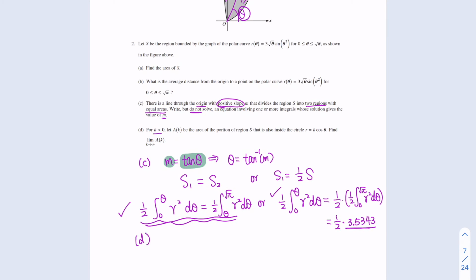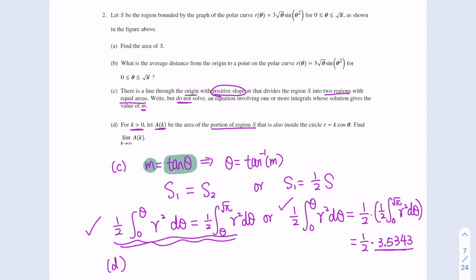For k positive, let A(k) be the area of the portion of the region S that is also inside of the circle r equals k times cosine of theta. Find the limit as k goes to infinity of A(k).